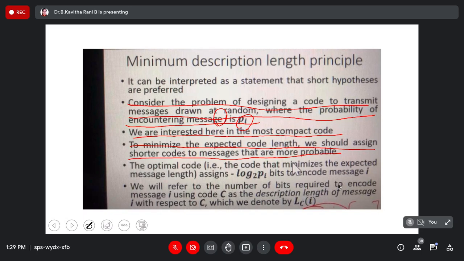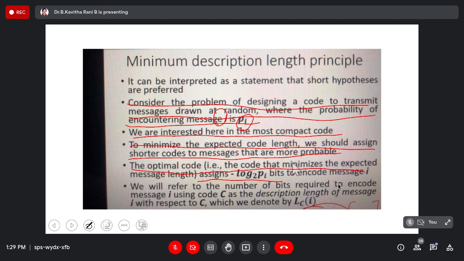"Start" and "immediately" are more probable in most of the telegram messages we have seen till now. So this is one concept in information theory, which assigns shorter codes to more probable messages. The optimal code assigns minus log2 p_i bits to encode message i.